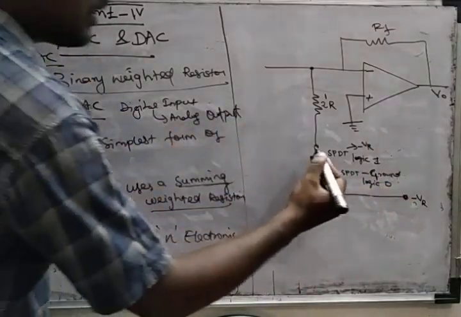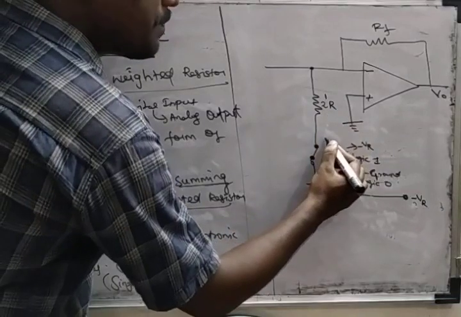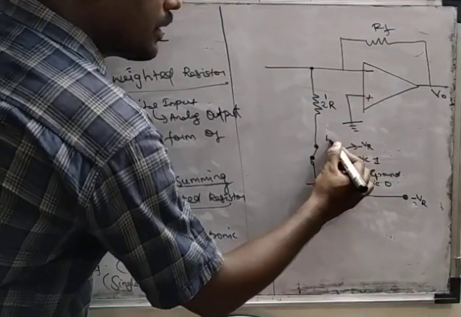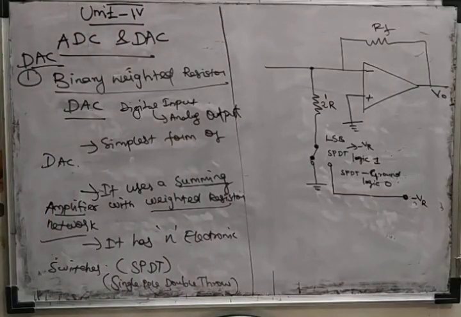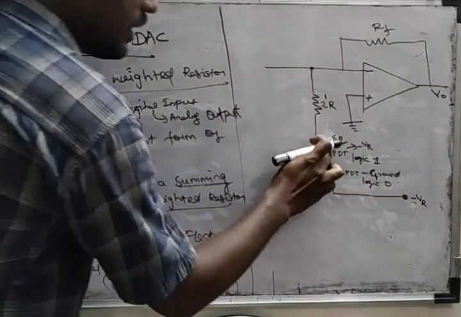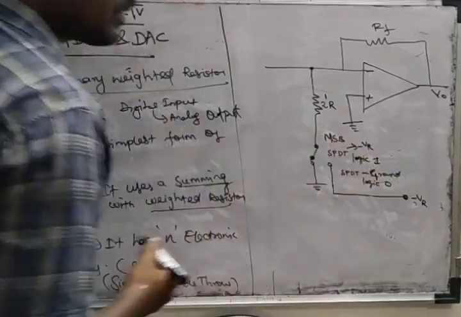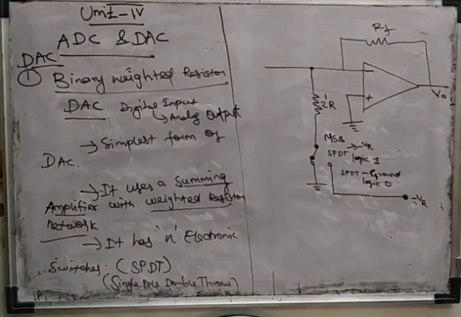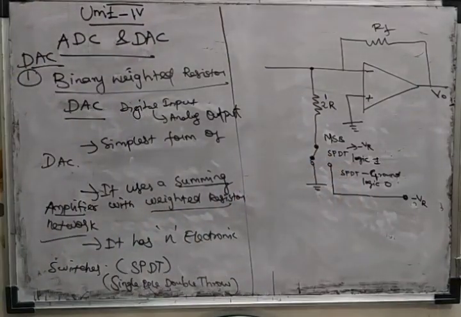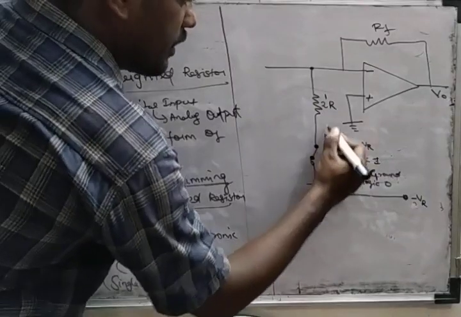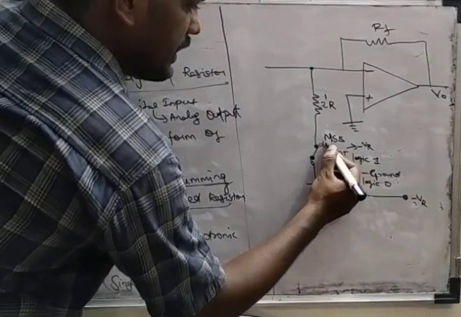So this is the MSB, most significant bit. I am considering this bit as D1.